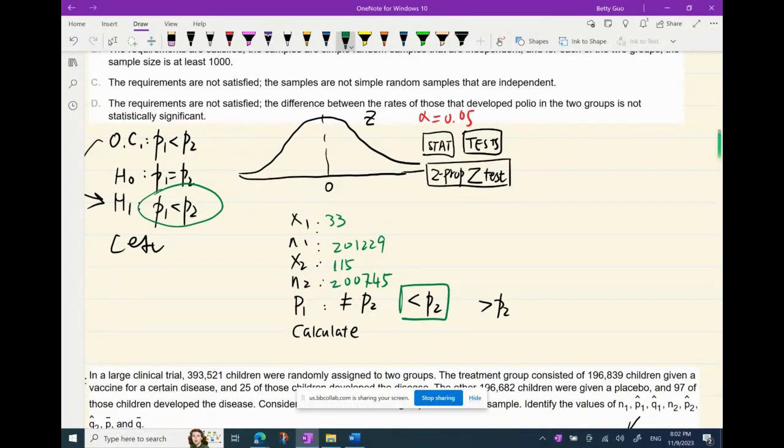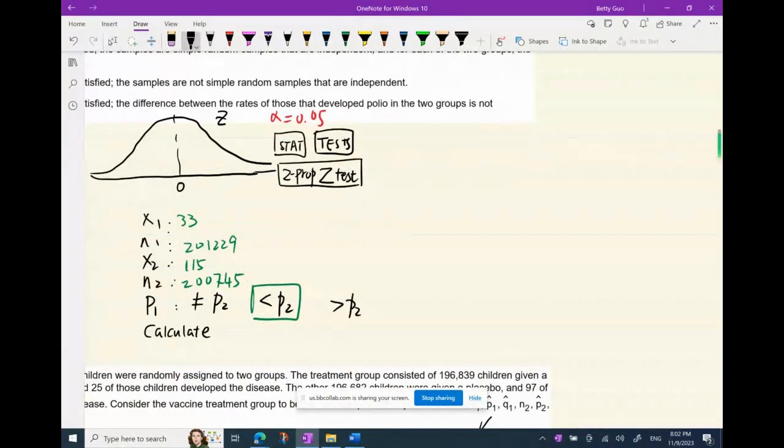Let me show you what I have on the screen. I have P1 less than P2, that's the left tail. My Z test statistic, Z here is the test statistic. See if you have the same thing, okay? Negative 6.756255257.